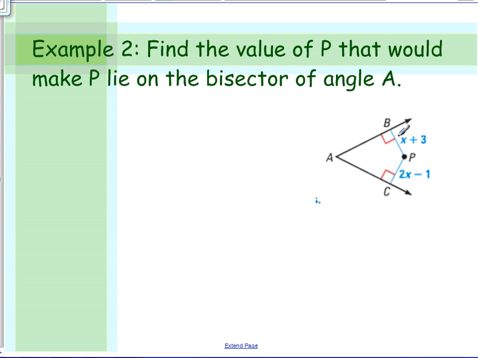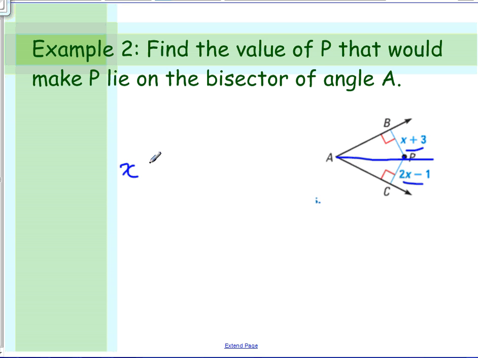All right, same thing: find the value of x that would make P lie on the bisector of the angle. If this particular point did lie on the bisector of the angle, then these two parts would be congruent to each other. So we can use algebra to solve this.